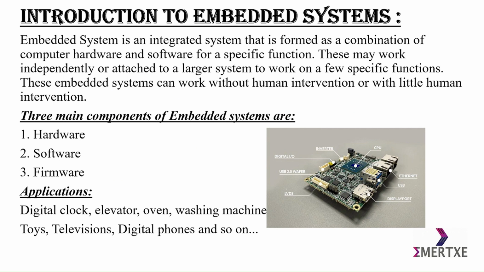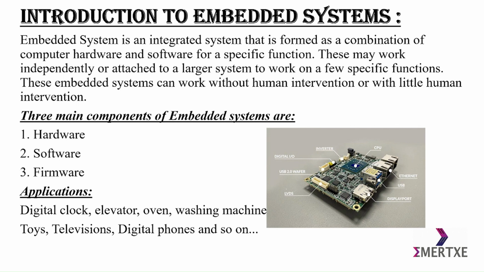An embedded system is an integrated system formed as a combination of computer hardware and software for a specific function. These may work independently or be attached to a larger system. These embedded systems can work without human intervention or with little human intervention.